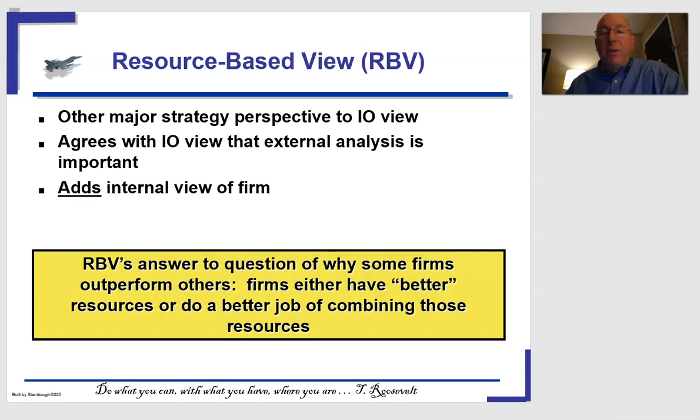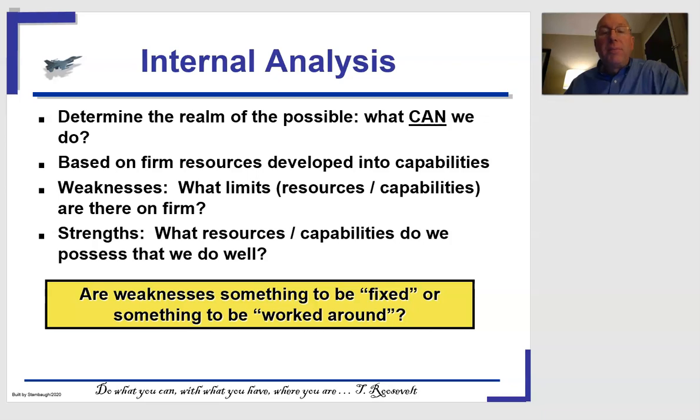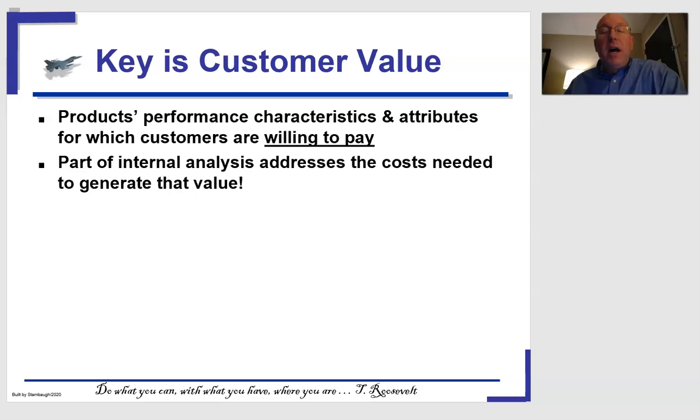On to Chapter 3. Again, I told you the questions are actually in the Chapter 2 part, but you're going to need to make sure you understand the difference between the IO and the resource-based view of the firm and what's unique to each of those concepts. No questions specifically off of this. I don't think I've got a question where I ask you to define customer value.